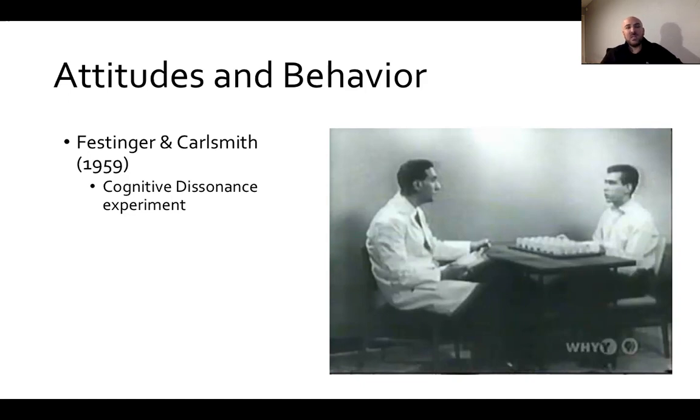And what they would do is they would bring participants into the lab. You have a college student participant over here, and you have the research assistant over here. They would bring the participants into the lab and say, hey, today we're going to be doing a study on your performance for the next hour. What I want you to do is look at these wooden blocks on this board in front of you.